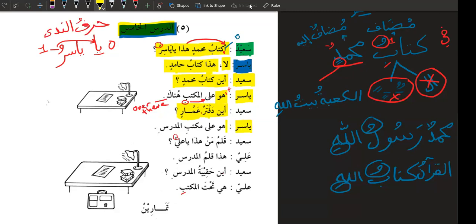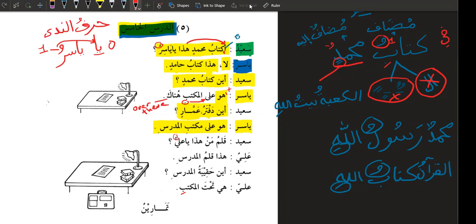And Yasir says هو على مكتب المدرس. مكتب مضاف, the owned, and al-mudarris is the owner. So it is on maktab meaning desk, al-mudarris the teacher. So it's on the teacher's desk.